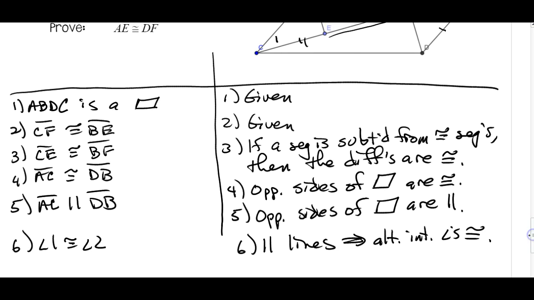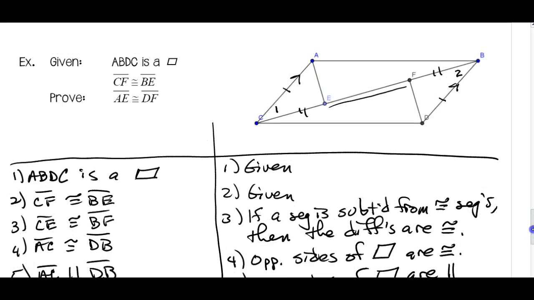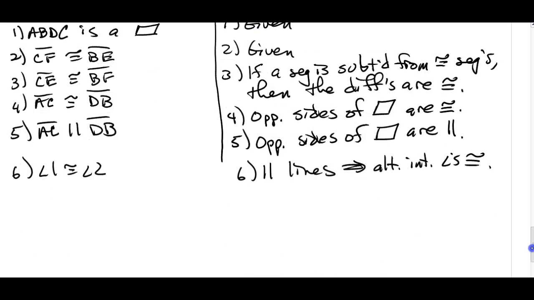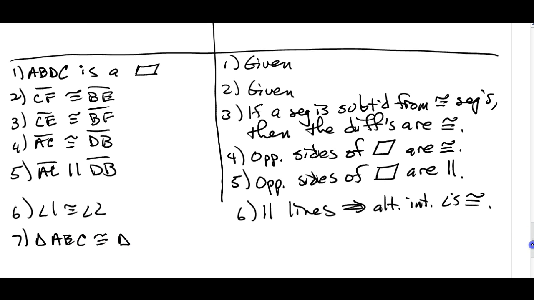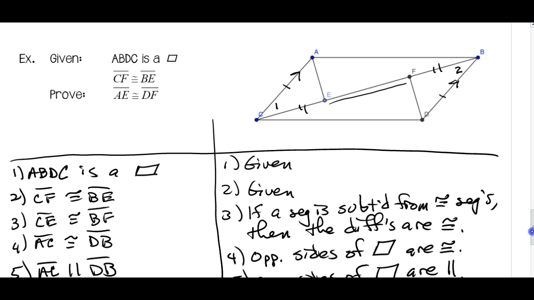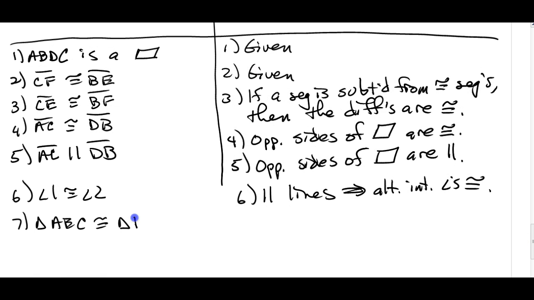And now I've got enough to prove that these triangles are congruent. So I've got triangle AEC congruent to triangle DFB, and this is by side angle side from steps 3, 4, and 6.